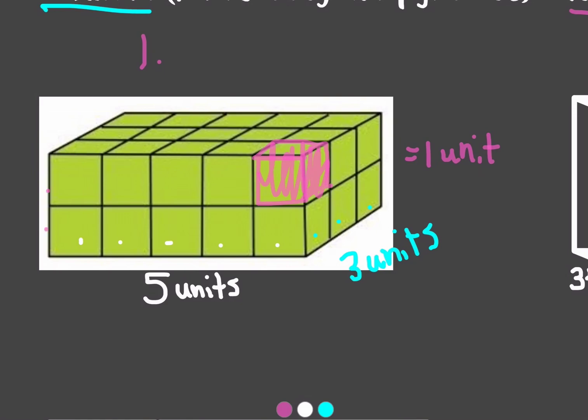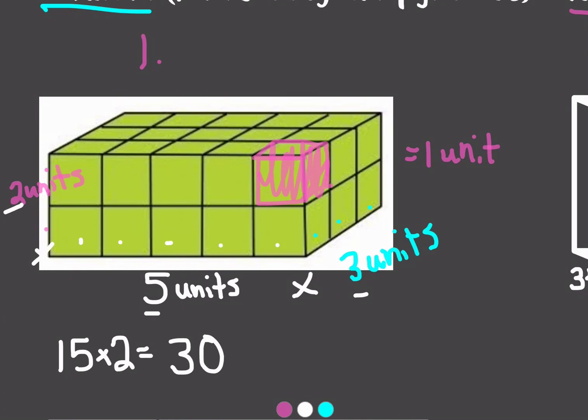It is 2 units tall. To figure it out, you just multiply 5 times 3 times 2. 5 times 3 is 15. 15 times 2 is 30. And it's 30 units with a number 3 at the top.